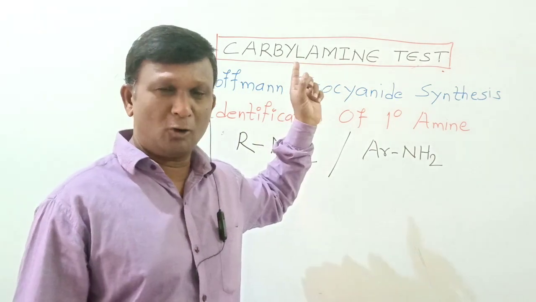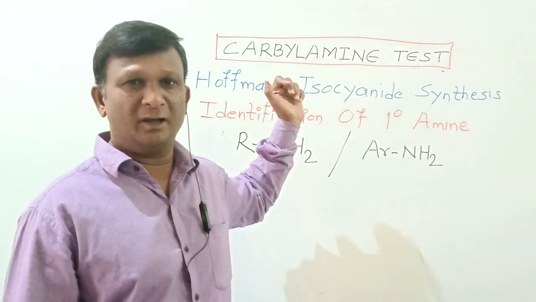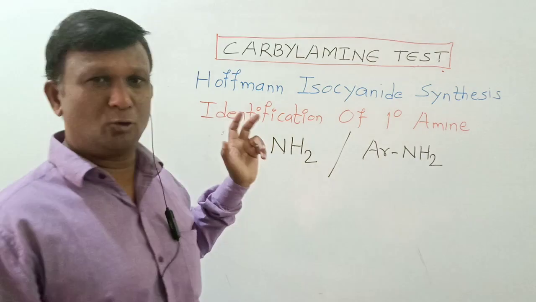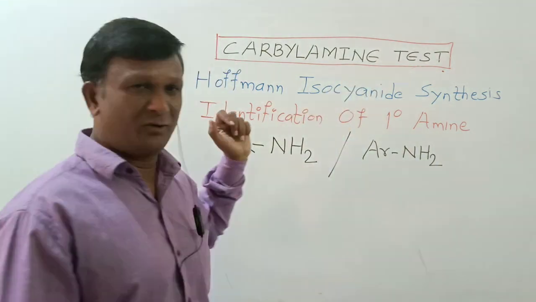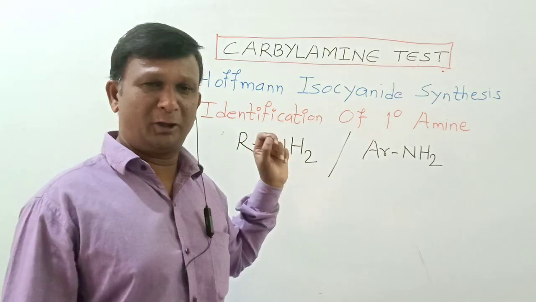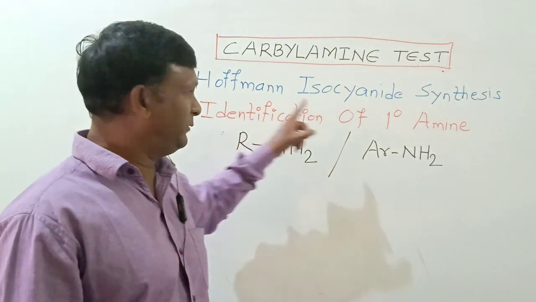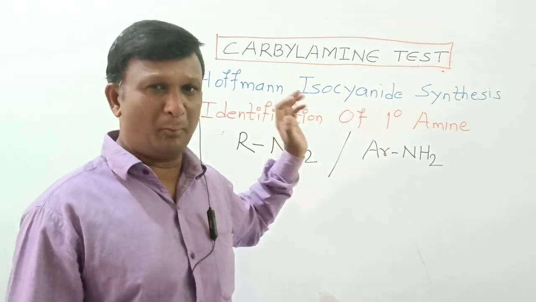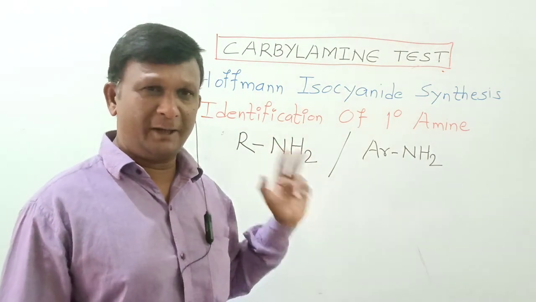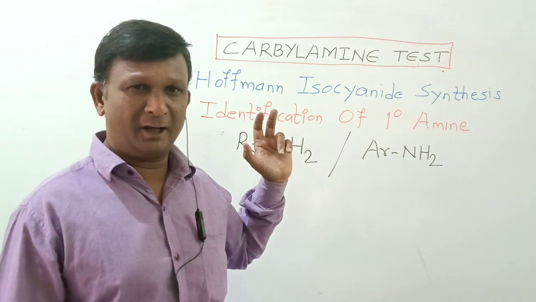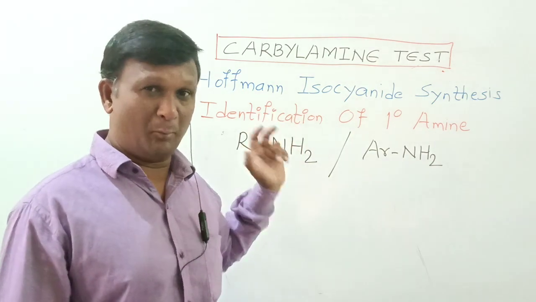Carbylamine test, which is also called the carbylamine reaction and is also known as Hofmann isocyanide synthesis. This reaction is particularly used for identification of primary amines, and this reaction is not given by secondary and tertiary amines.